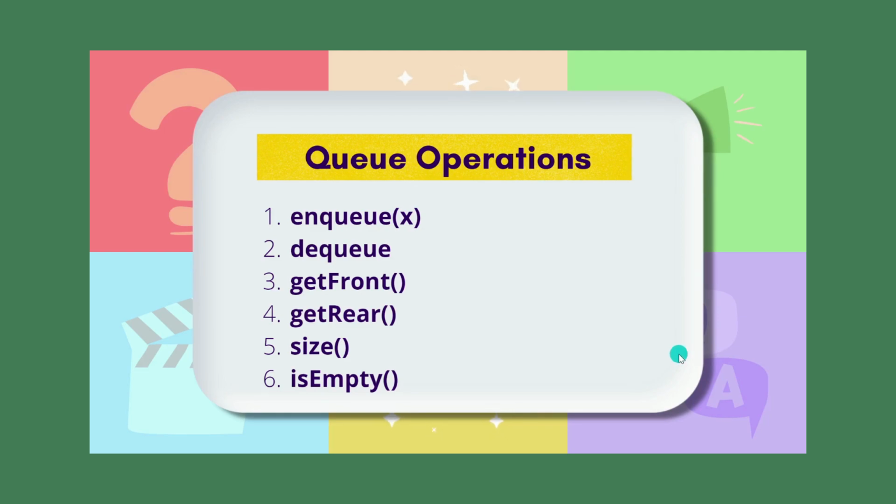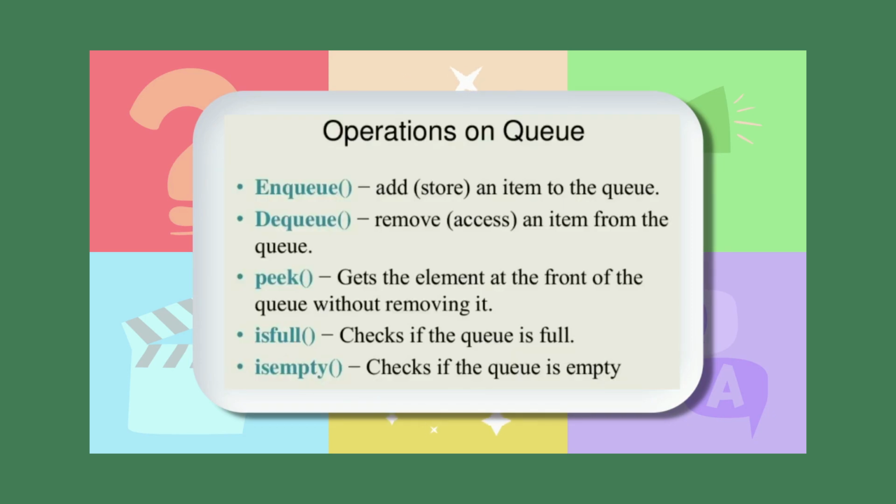Size: this operation returns the number of elements which are present in the queue. Is empty checks whether a queue is empty or not, that is, whether it contains any elements or not. Similarly, we have is full also, which checks whether the queue has reached its maximum capacity or not, that is, can we insert any other element or not.